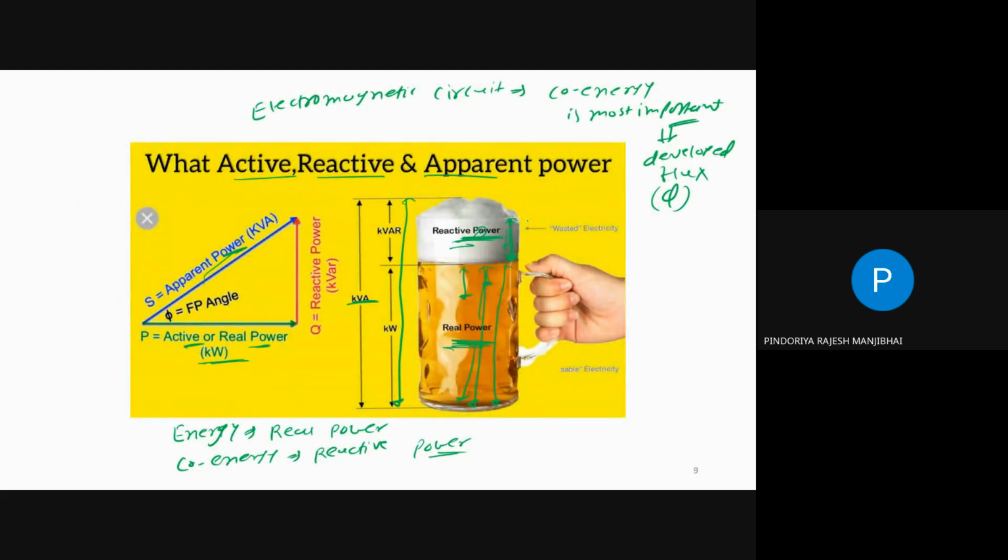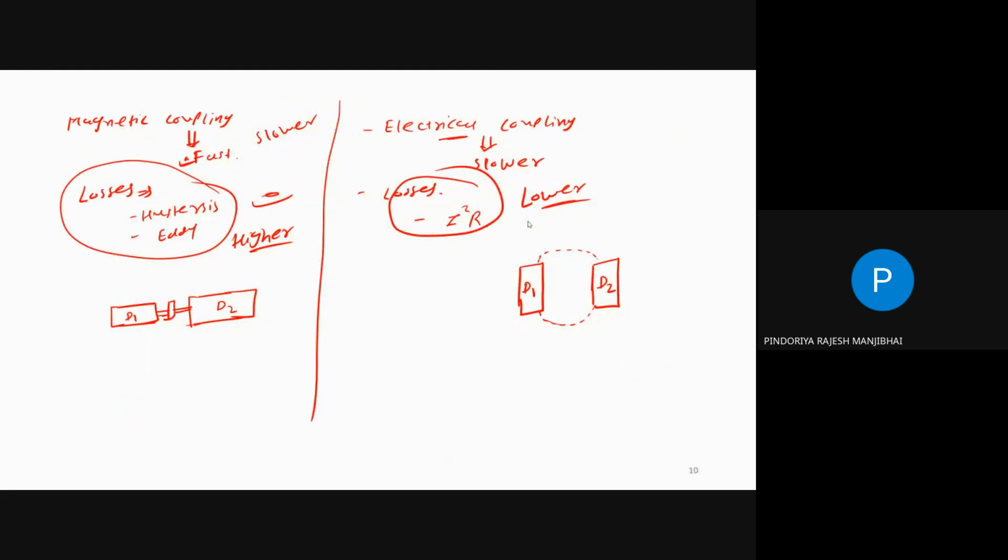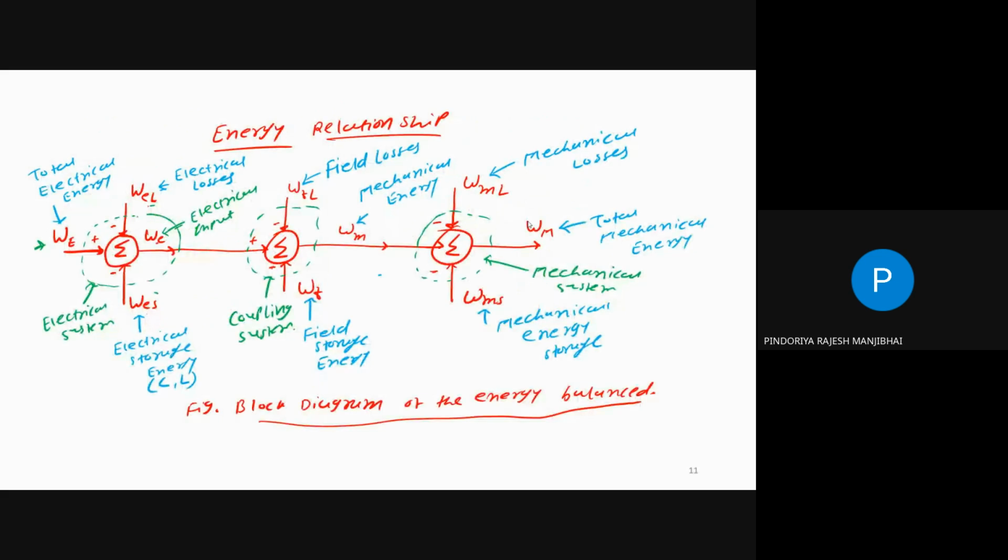Then we discussed magnetic coupling, correct? Which type of magnetic coupling is good? Maybe electrical coupling, maybe mechanical coupling, correct? Then we discussed the block diagram of the energy balance system. We have an electrical system, a mechanical system, and a coupling system, correct? So how can we balance the system?